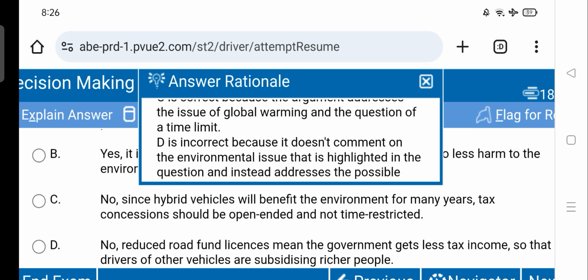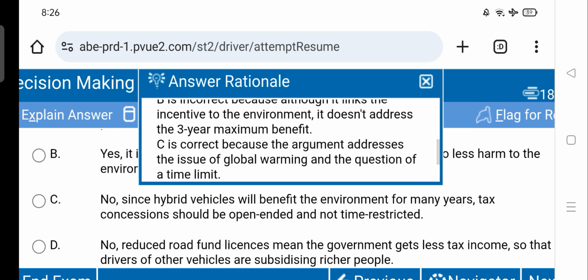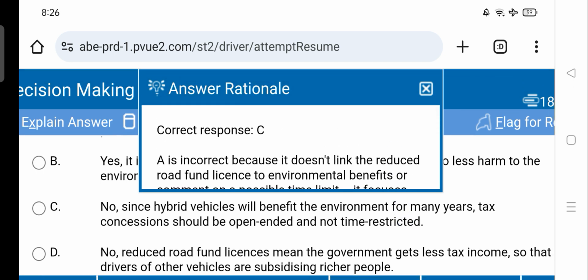D is incorrect because it doesn't comment on the environmental issue that is highlighted in the question and instead addresses the possible effects on government finance. So here you know that option C is the correct option.